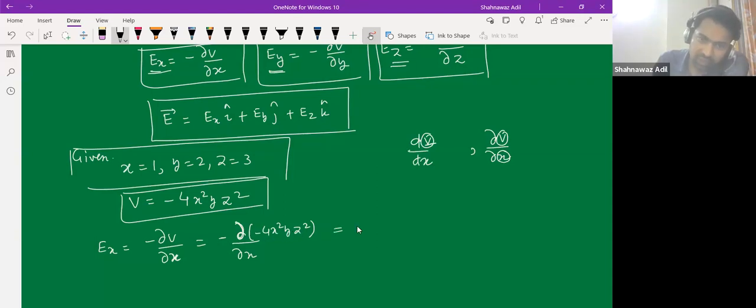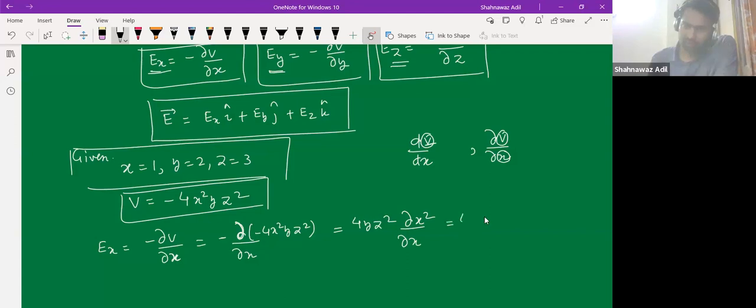So 4yz square is a constant. d by dx of x square, how much is this? This is x to the power 2, so 2 will come down and in the power you subtract 1. This would be 8xyz square. Is this clear?